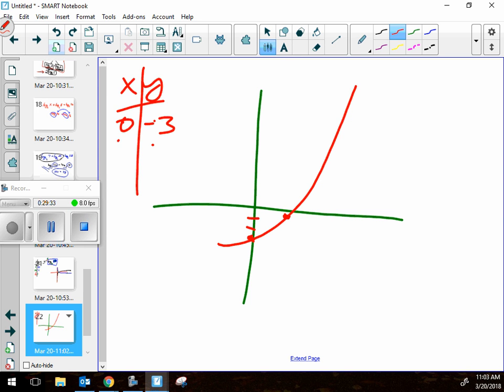If you stick 0, -3 in your equation and it doesn't work, then your equation's wrong. You know what I mean? You have to go, okay, well, maybe I didn't move it far enough, or maybe I didn't flip it the right way, you got to guess and check your way until you got the right equation. And then you'll know, because when you stick the points in your equation, it'll work.